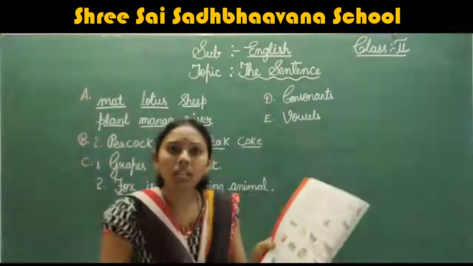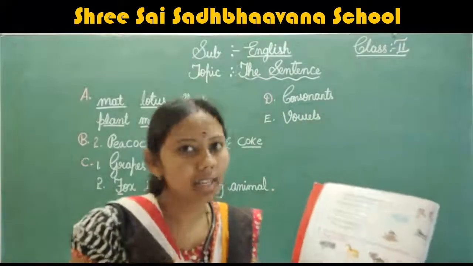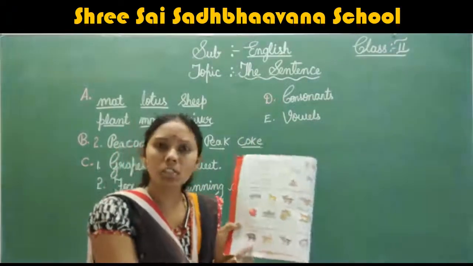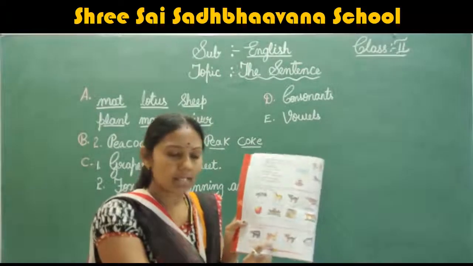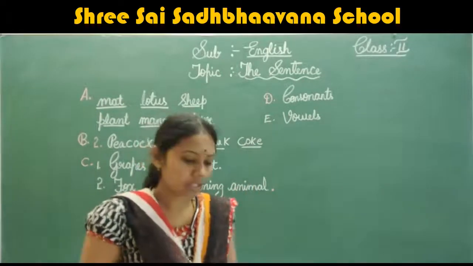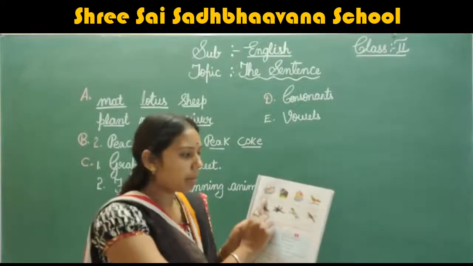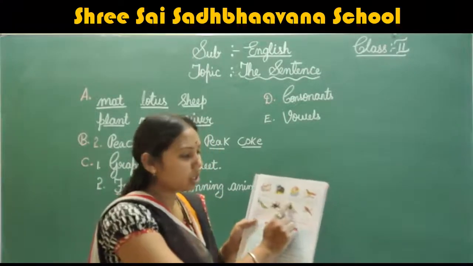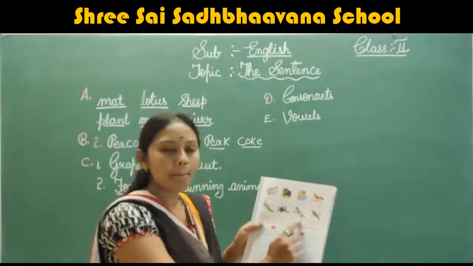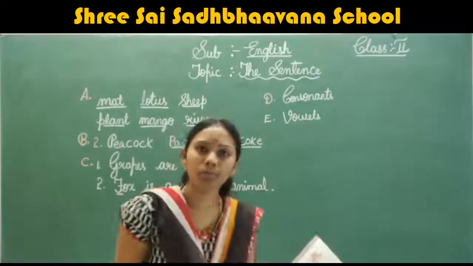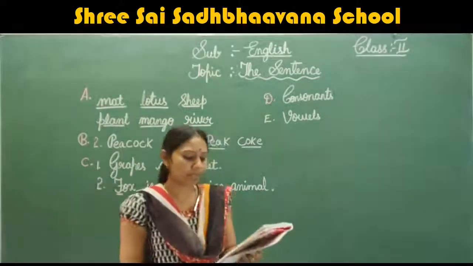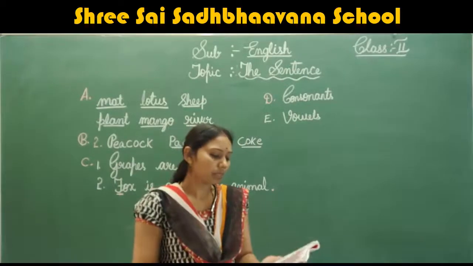You have to complete with the vowel sound, that is A, E, I, O, U. Okay, you can see the picture. First picture is bat, next cat, next dog, next goat. Here rabbit, yak, clown, eagle, peacock, crow, parrot and sparrow. Okay, will you complete, children? Yes, complete.